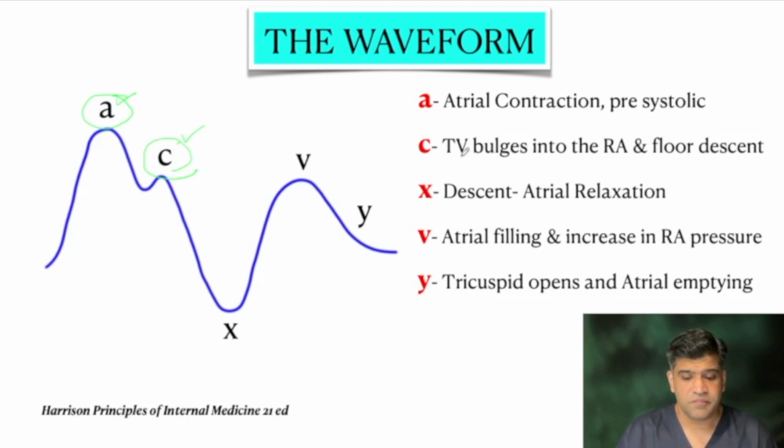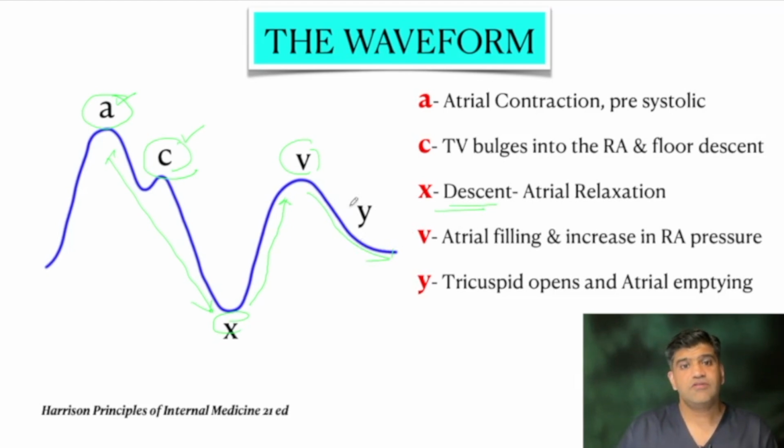Now the X, that is the first descent, is caused by the relaxation of the atria. Now from X, the atria fills up and at V, the tricuspid valve opens and the RV passively fills. So this was the normal JVP waveform.